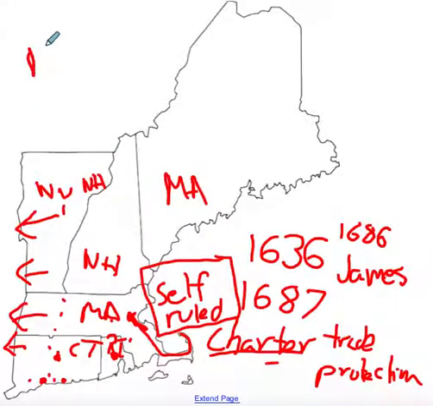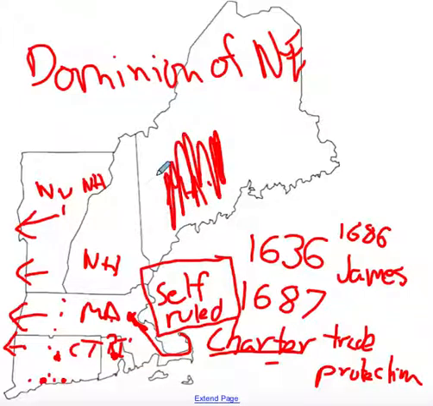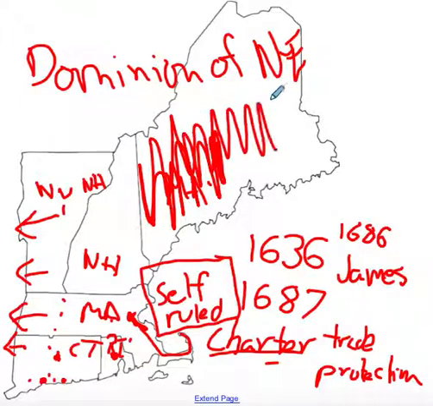Instead, we are going to establish the Dominion of New England. And this Dominion was going to consist of all of Maine, all of New Hampshire.